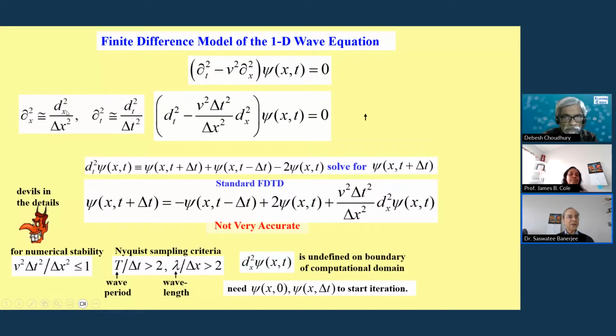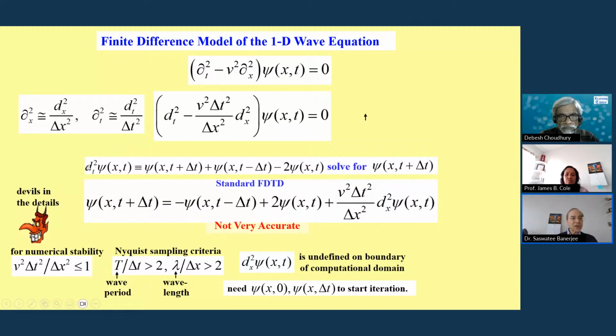So we make a finite difference model by substituting these finite difference approximations for the derivatives, and this is what we get. This is our finite difference model of the wave equation.